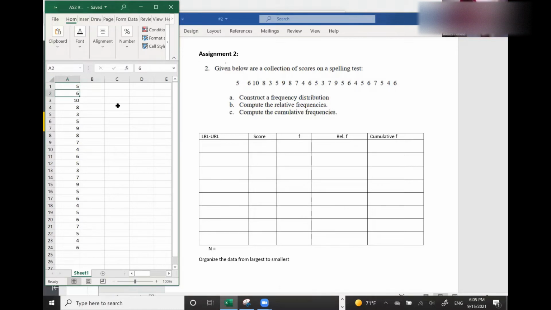5, 6, 10. Slowly, please. 5, 6. Oh, hold on. Okay, let's start from the beginning. Okay, 5, 6, 10, 8, 3, 5, 9. Make sure that you read the numbers over here.